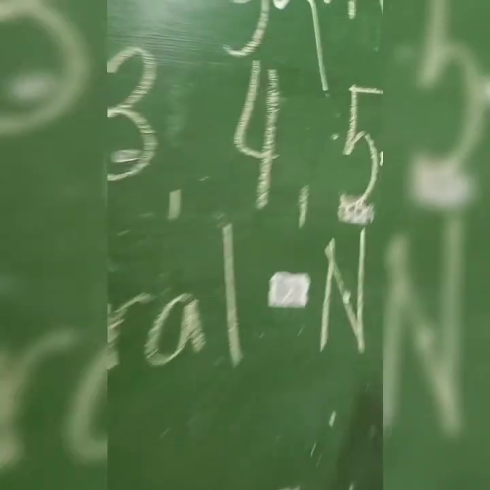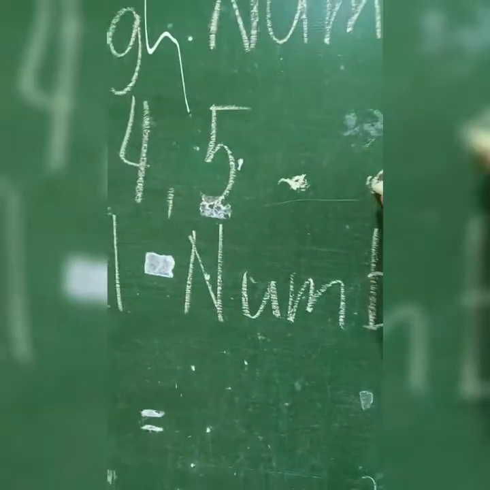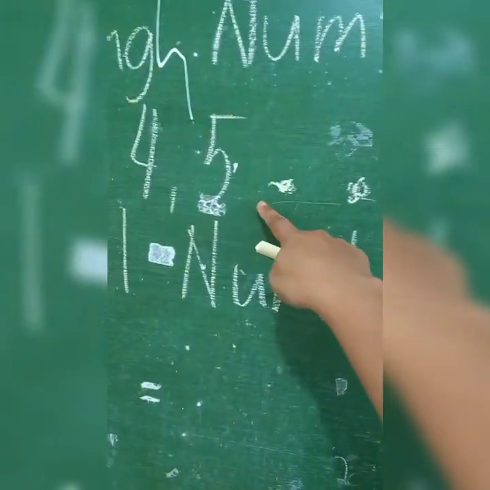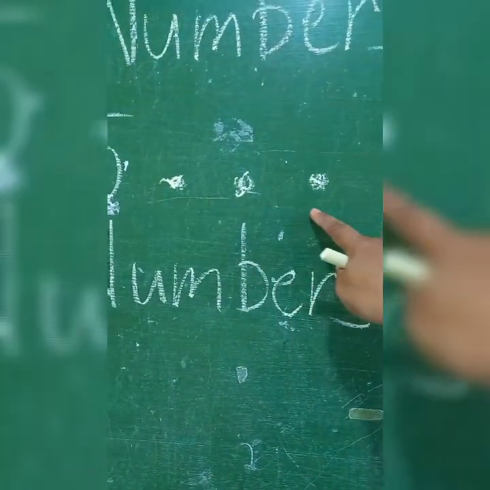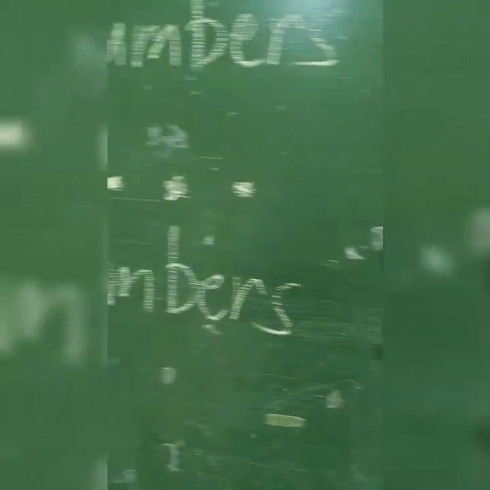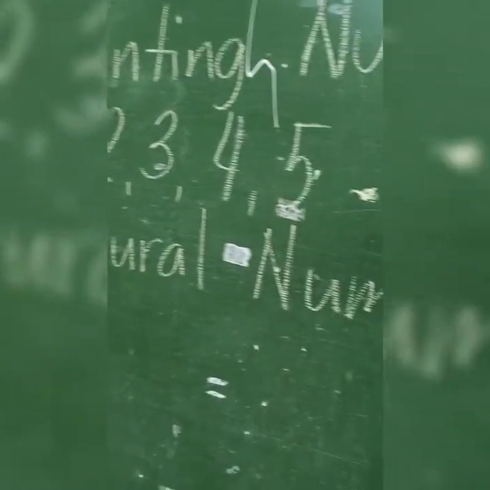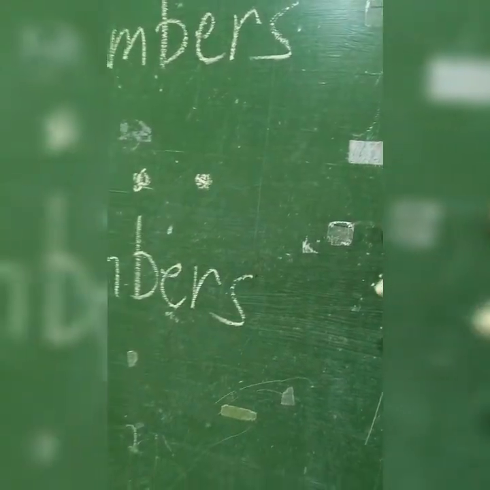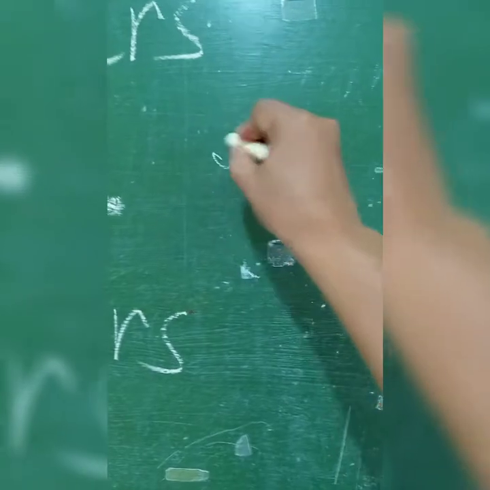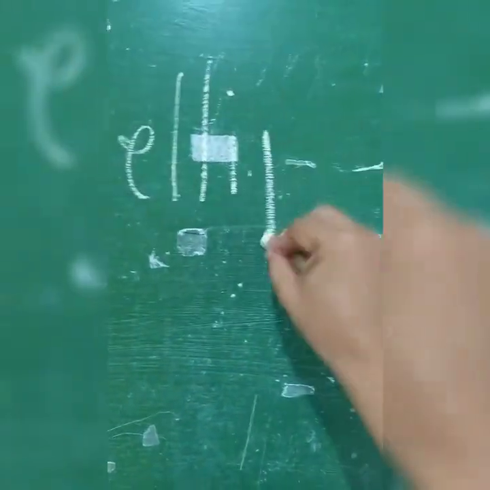Class, the 3 dots here represent that the numbers are continuous, or the counting is endless, and the 3 dots is called ellipsis.